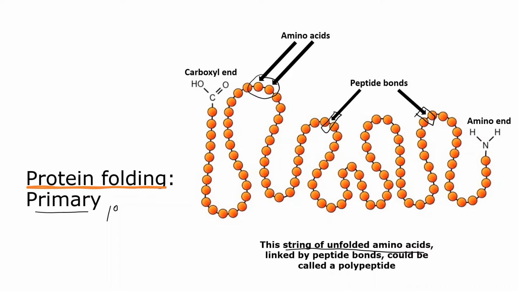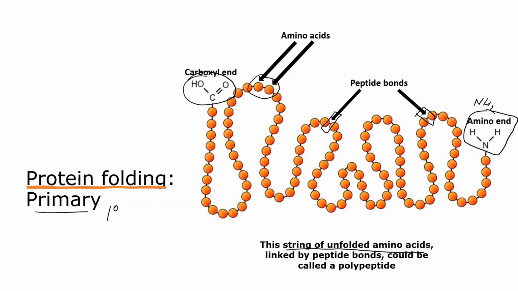Now, we will see our friend carboxyl at one end, but at the other end of this tail, we see something new, and it's an NH2 group. This is called an amine or an amino end. So at one end of your protein structure, you'll have a carboxyl, and at the other end you'll have an amino end with a nitrogen in it.